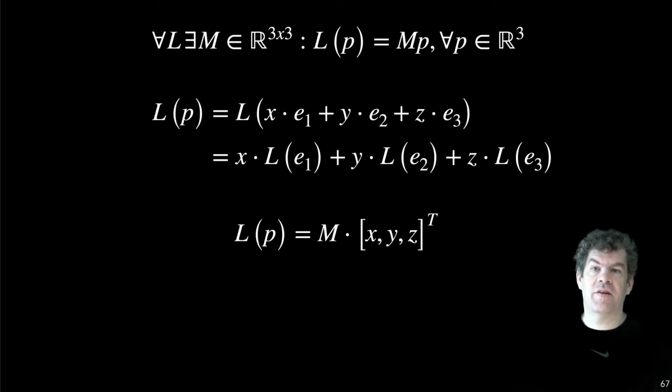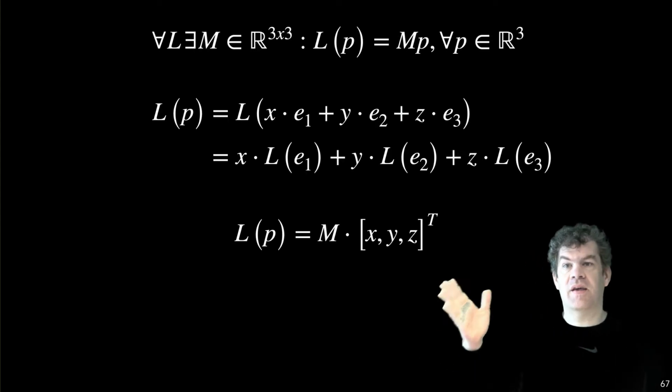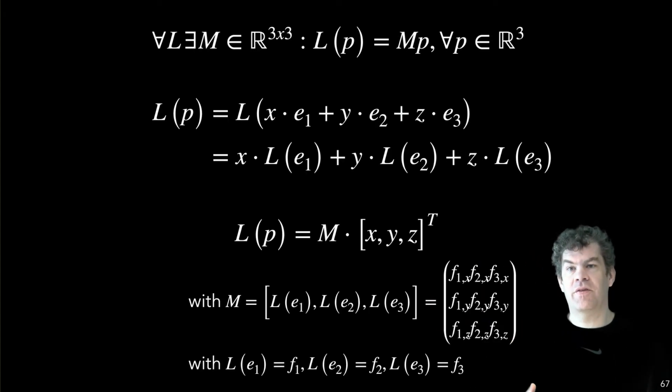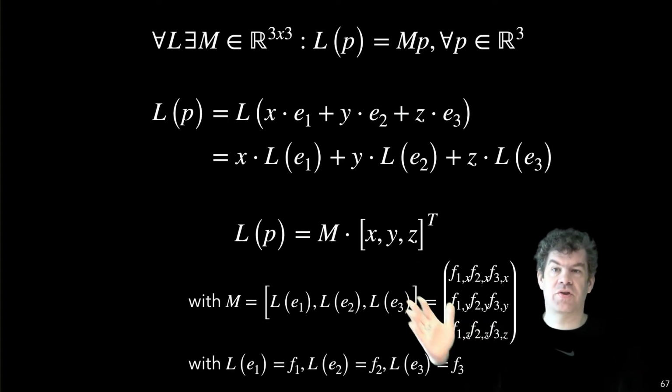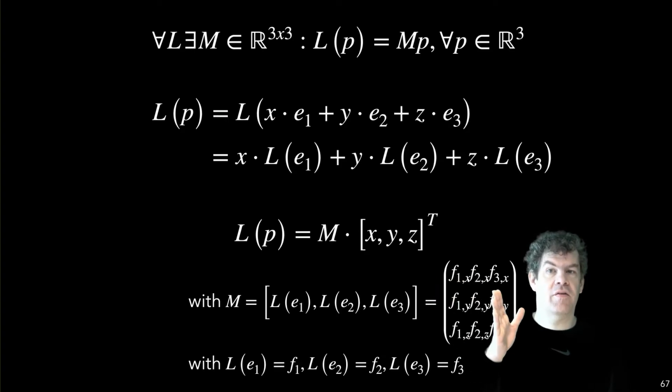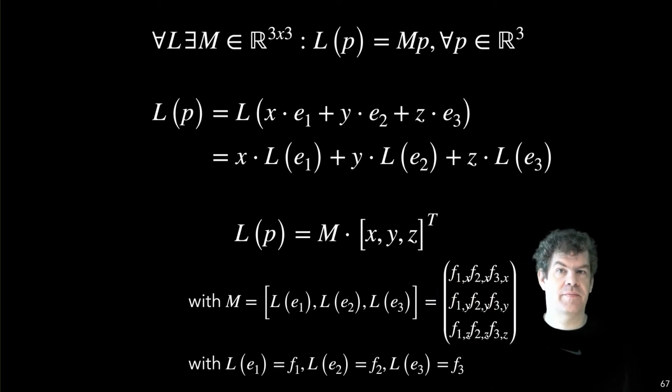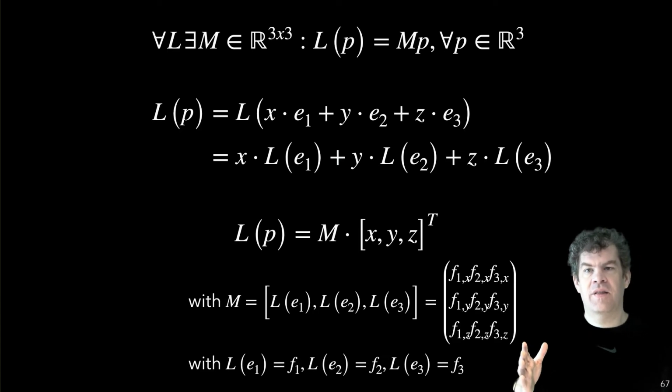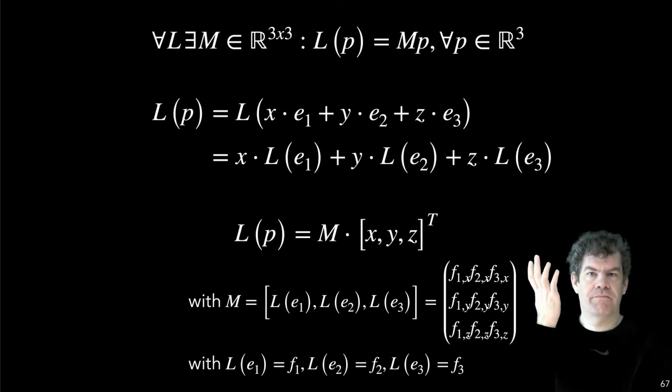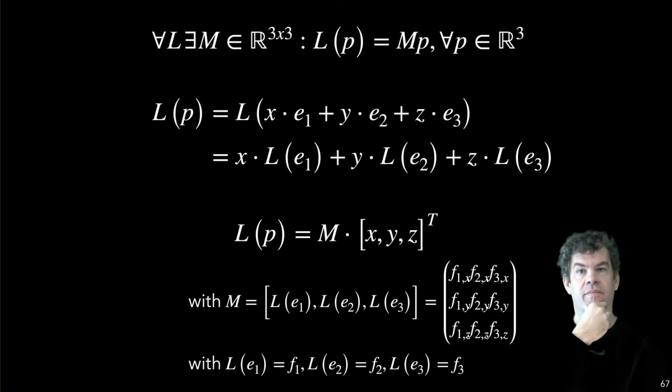And that's just a matrix vector product, right? That's taking X, Y, Z and multiplying with a matrix. And what does the matrix look like? Well, I just throw L of E1, L of E2, and L of E3 into a matrix, okay? And that sounds like a pretty straightforward thing, right?